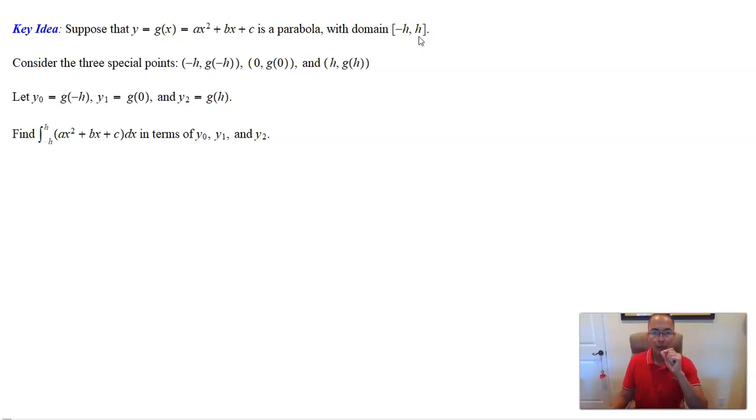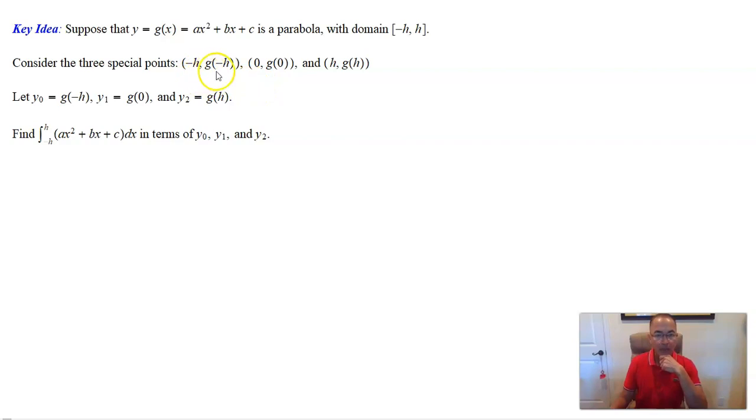We are going to compute the area bounded by this parabola between minus h and h, meaning this definite integral. We will express it in terms of the y-coordinates at minus h, at plus h, and at 0, which is exactly in between. So we're going to be exploiting some kind of symmetry.